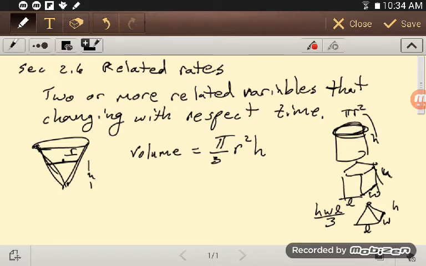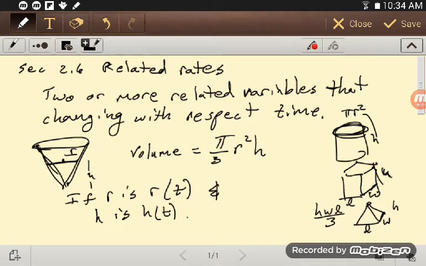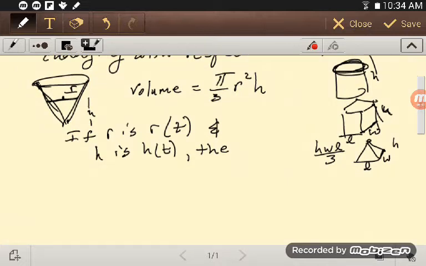Well, if r is r of t, a function of t, and h is h of t, some other function of t, then our volume, v, is also some function of t. And so then I could talk about dV/dt.